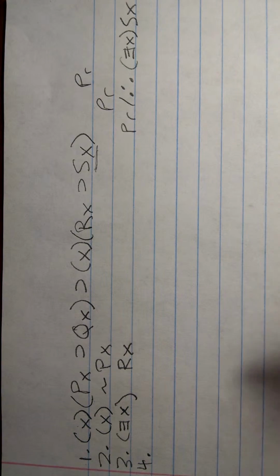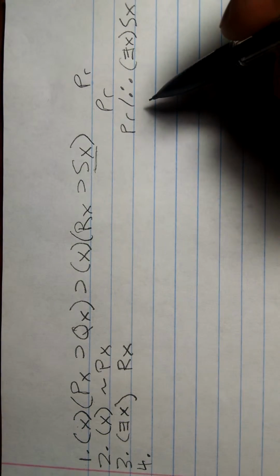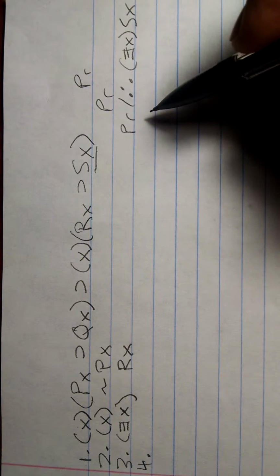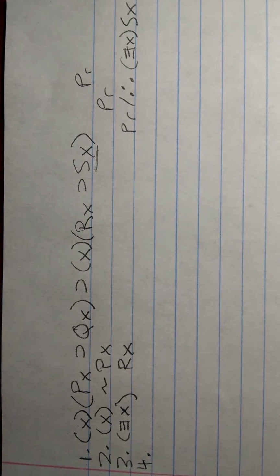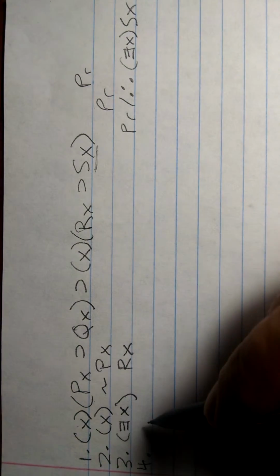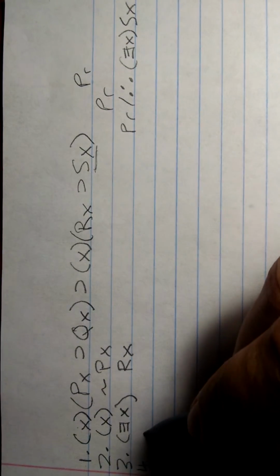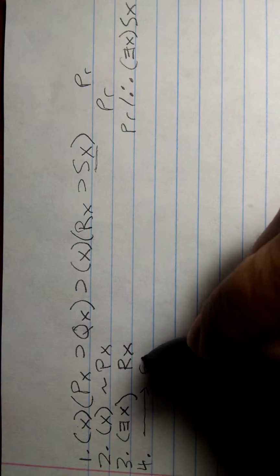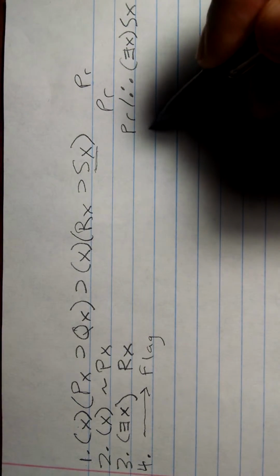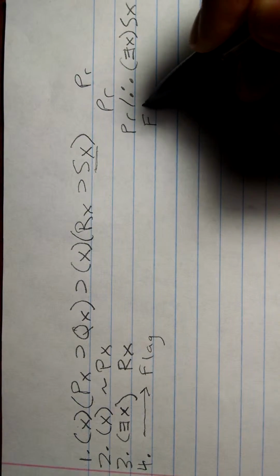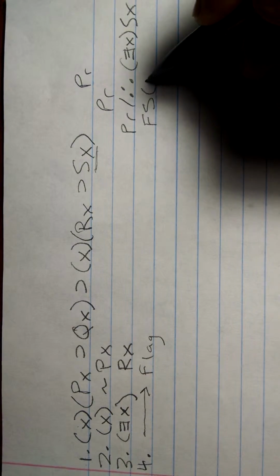So let's do that. Let's start off with a flagging step. Flag A, and flagging step UG.